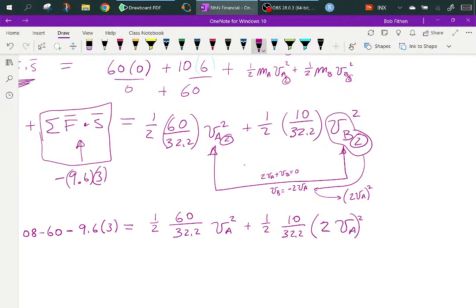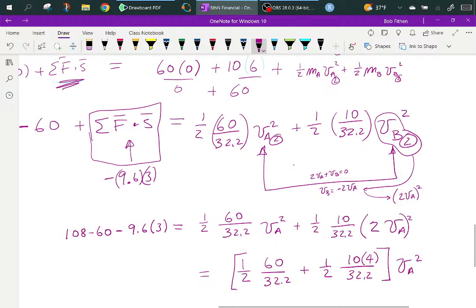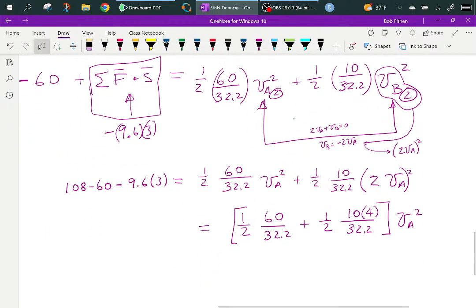So then I can combine these terms and say 1/2, and this is where I'm going to use that picture thing. Okay, and then plus 1/2 10 times a 4, because I'm going to pull that 2 squared out. And VA squared.